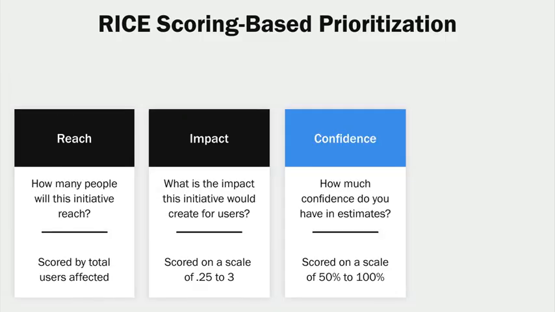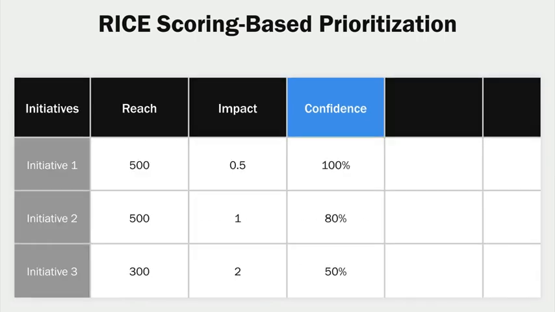Third is C, confidence. This measures how much you believe in your estimates, on a scale of 50% to 100%. Continuing our example, Initiative 1 is a sure win, so it gets 100%. Initiative 2 is still fairly likely to succeed, but has some key risks, so let's give it 80%.